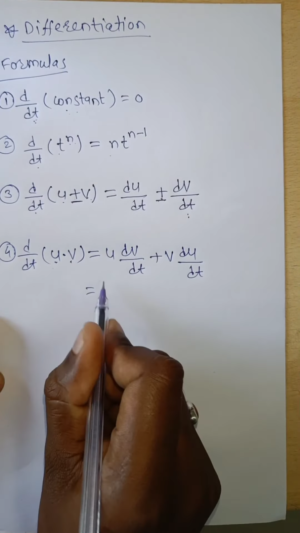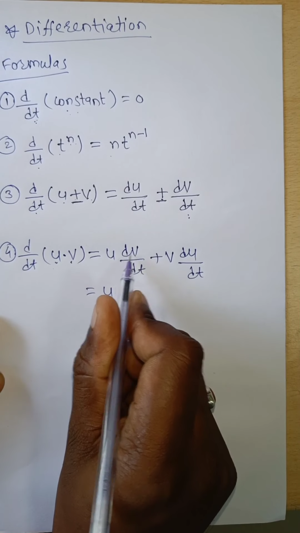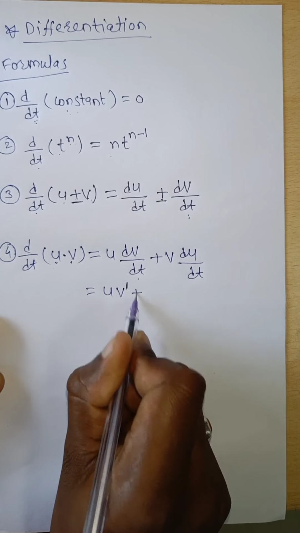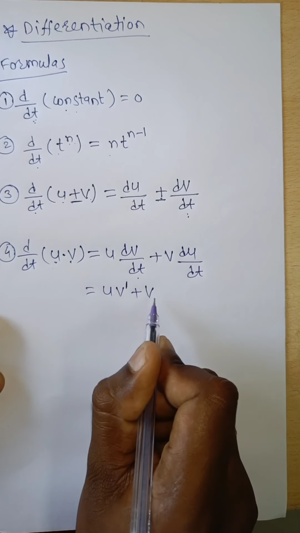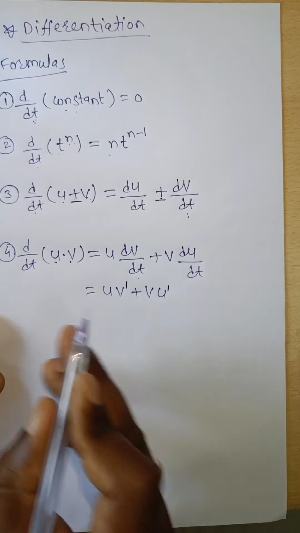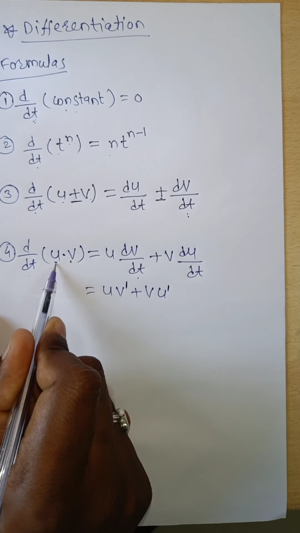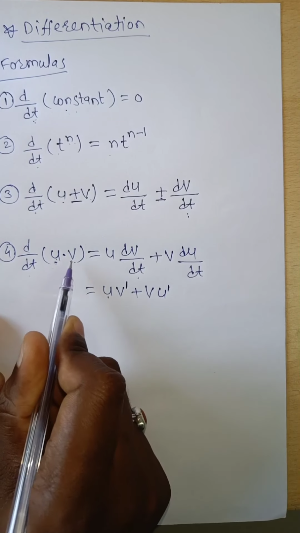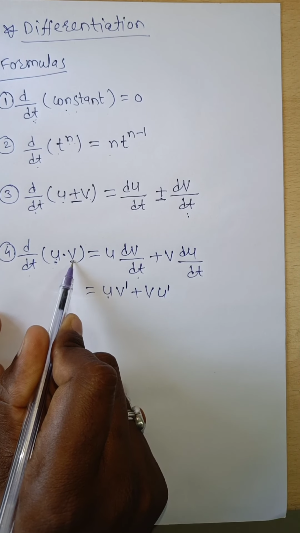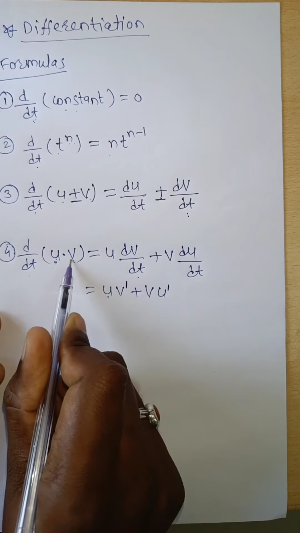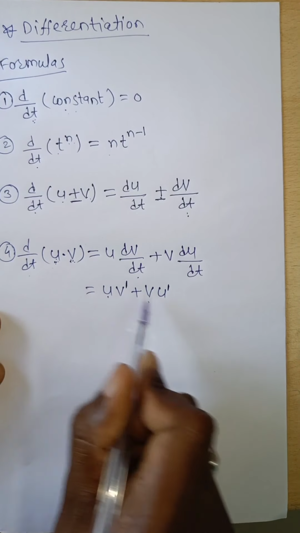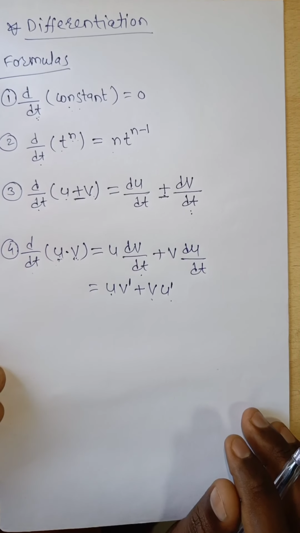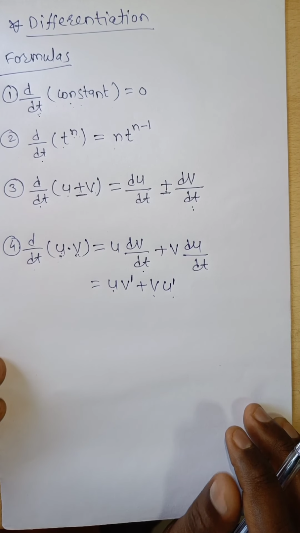It is also written as u into v prime plus v into u prime. That is, first function into differentiation of second function plus second function as it is into differentiation of first function.